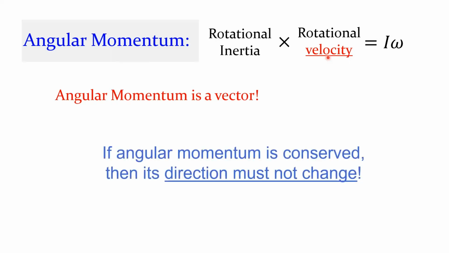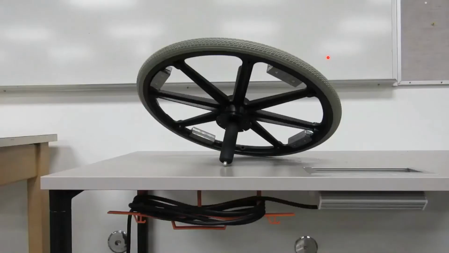So if we're going to say that angular momentum is conserved, then that also means that the direction of the angular momentum must not change. If the direction changed, then the vector changed and it would not be conserved. Angular momentum direction is a lot more complicated than momentum direction. So we'll try to simplify it down as much as we can.